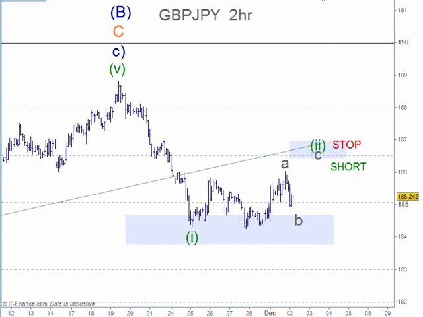I think this is 5 waves up here and then lower through here. So I think what I need to do is just grab that here. We'll just set this now. We're going to change this a little bit.